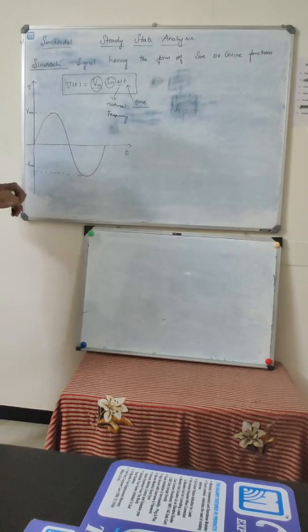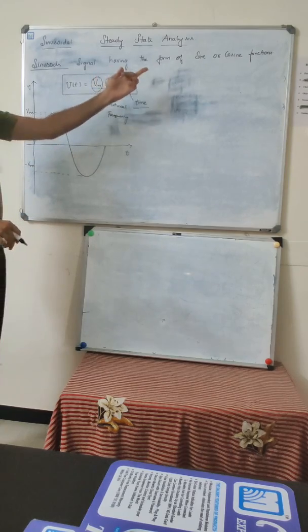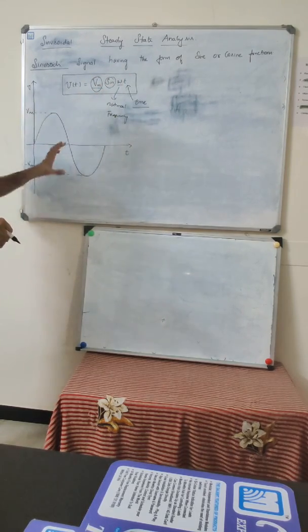We also represent this particular function for the cos. For cos, we replace the sine with cos, and this particular waveform will change, so maybe it will start from the other axis.